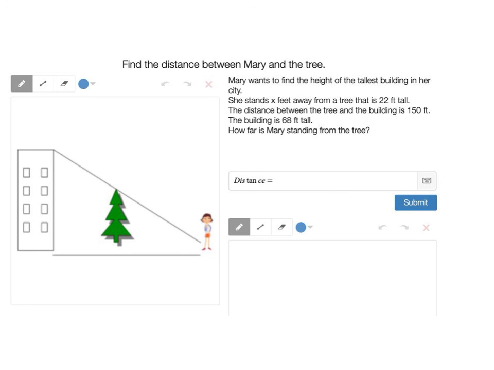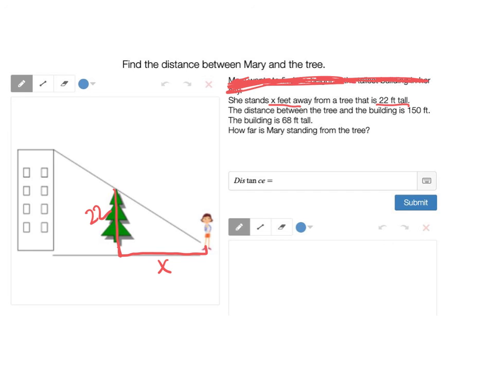Last but not least, this first sentence is just misleading. It's wrong. I changed the problem. Sorry. So I'm trying to figure out how far Mary is from the tree. So I want to know from Mary to the tree, so that's going to be my X. She's standing X feet away from a tree that's 22 feet tall.